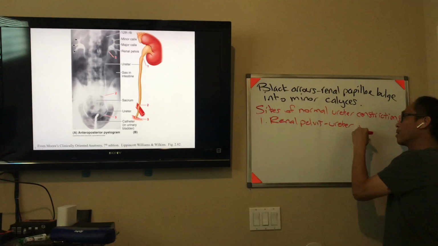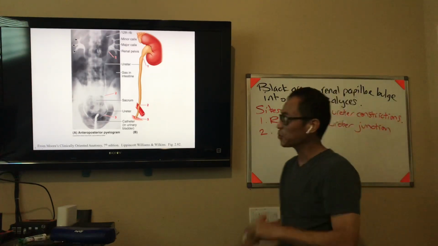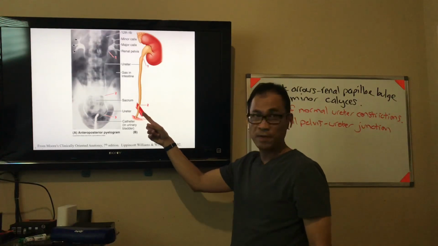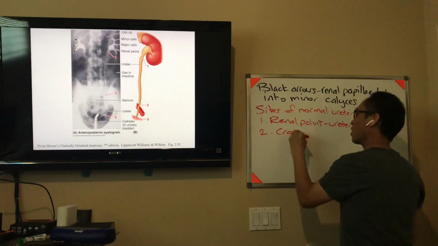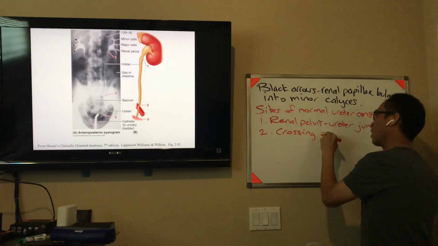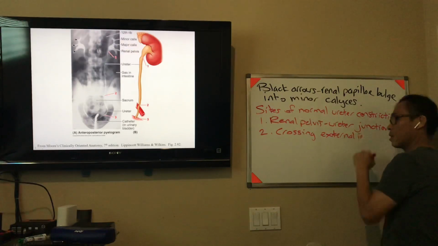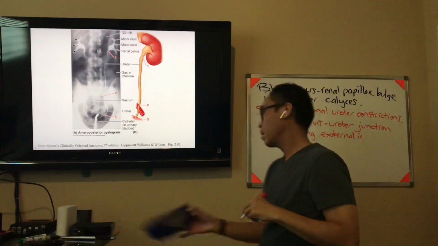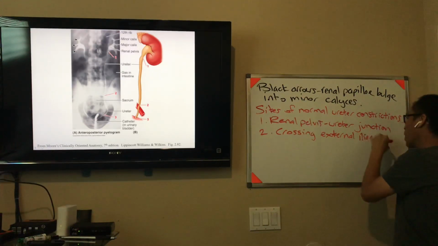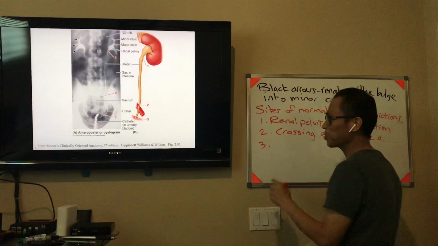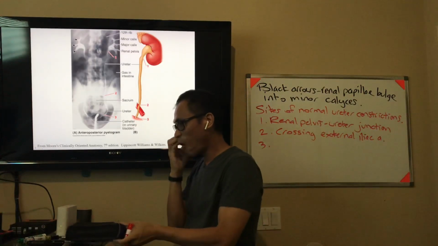Basically at the top. Number 2, you see a constriction where it crosses the iliac artery, the external iliac artery. You see a constriction number 3 as it traverses the bladder wall.